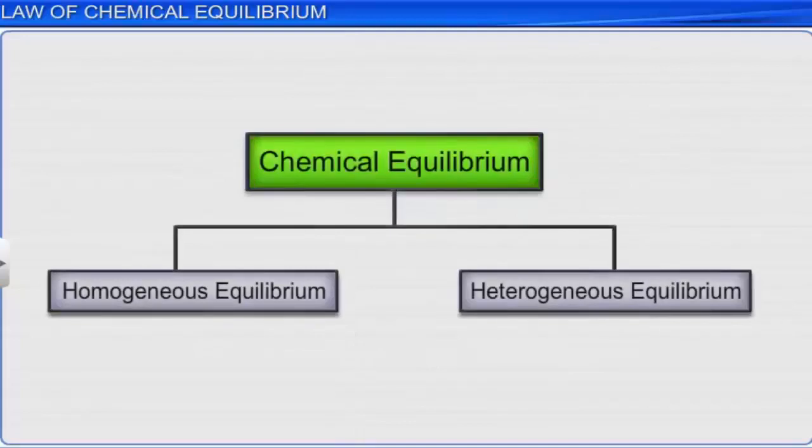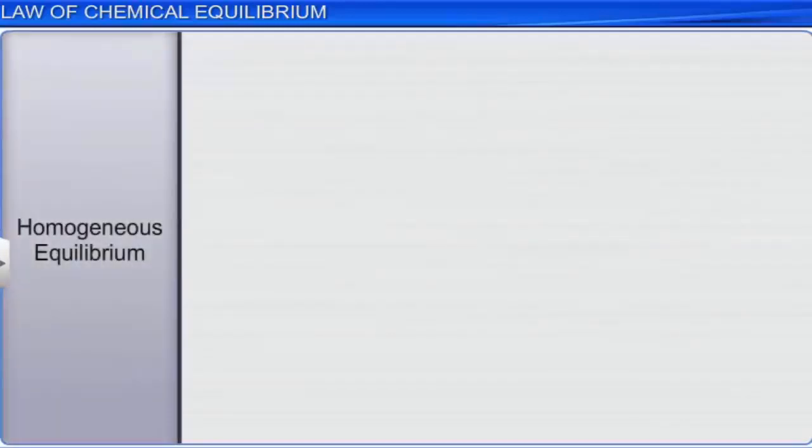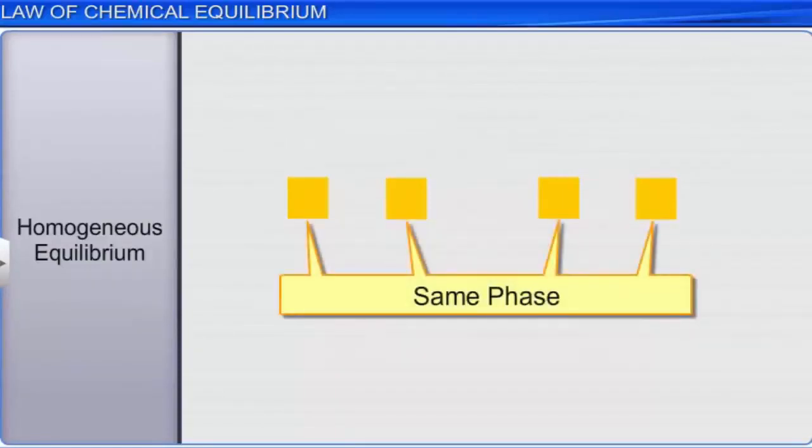Chemical equilibrium may be classified into homogeneous equilibrium and heterogeneous equilibrium. The equilibrium in a system with all the reactants and products in the same phase is known as homogeneous equilibrium.